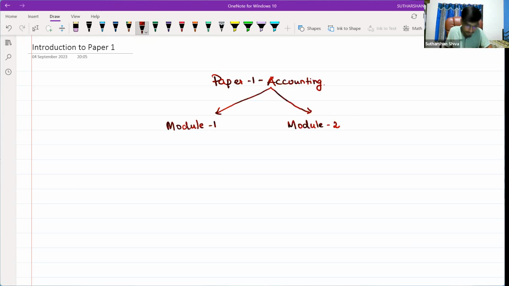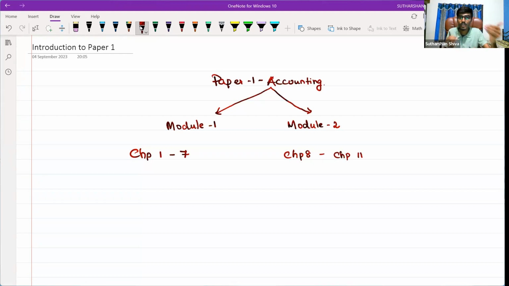In Module 1, you have chapter number 1 to chapter number 7. In Module number 2, you have chapter number 8 to chapter number 11. It's only chapters; I am not getting into the units.